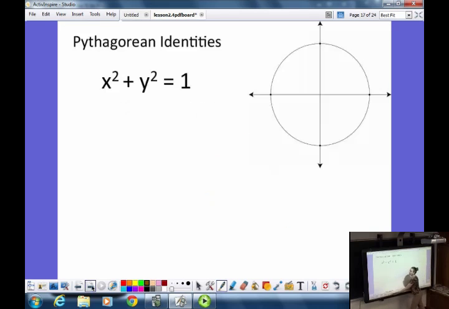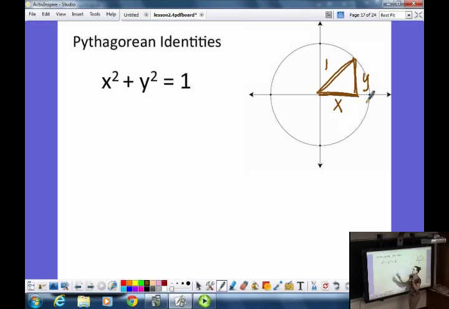So if we use this on here, if I draw a triangle, what's this distance right here? Just in general terms of x, y, and 1. 1. What's this? X. Because the radius is what? 1. So then this leg is y. Right, so it's just the Pythagorean theorem: x squared plus y squared equals 1 squared.